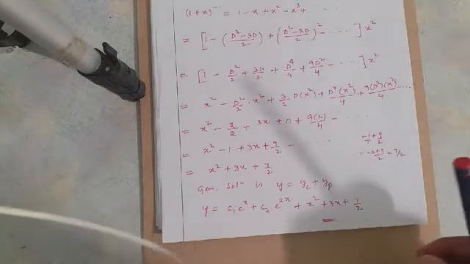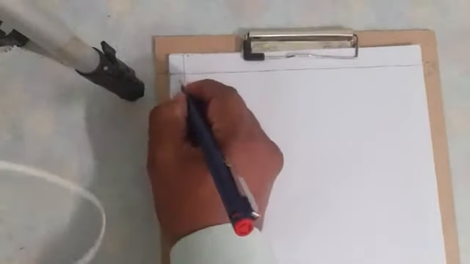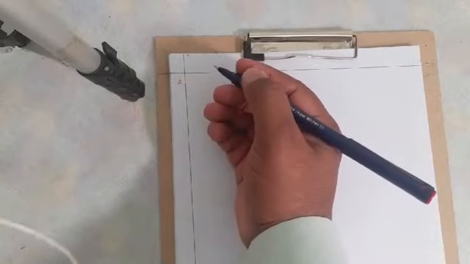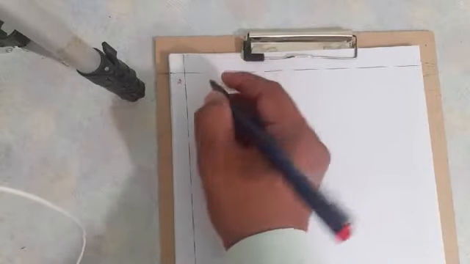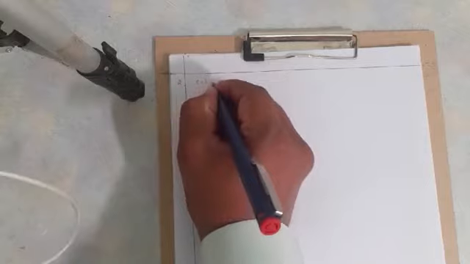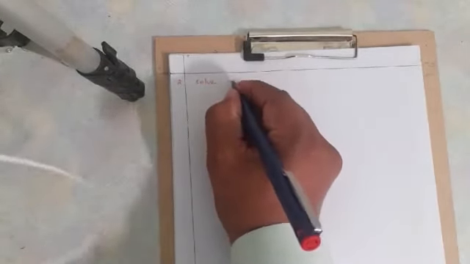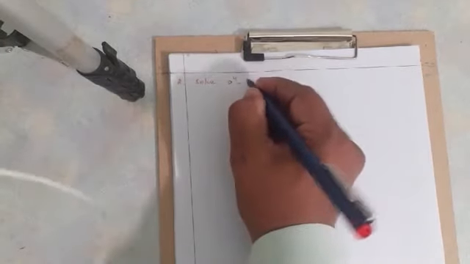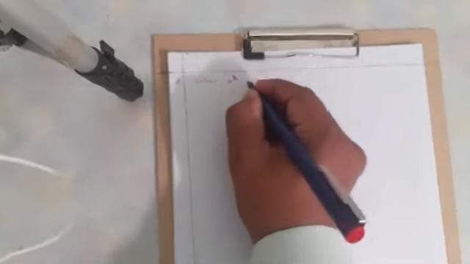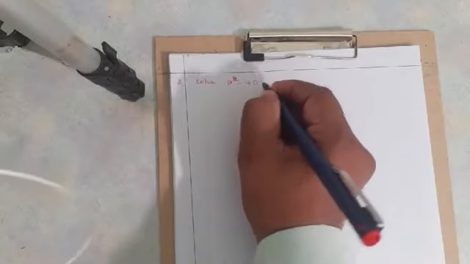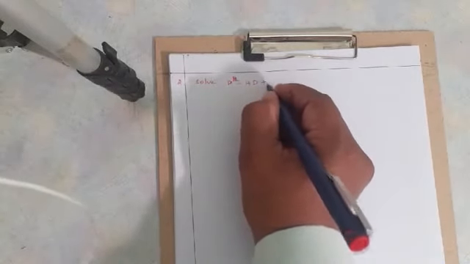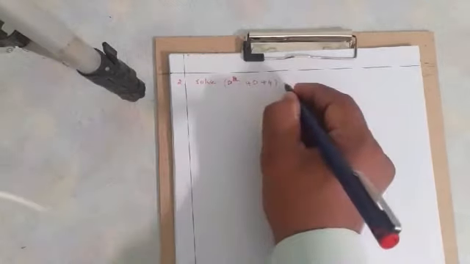Let us go for another problem so that you can understand. So let us have the second problem now in this case 3. In case 3, the second problem is: solve D square minus 4D plus 4 into y is equal to x cube.